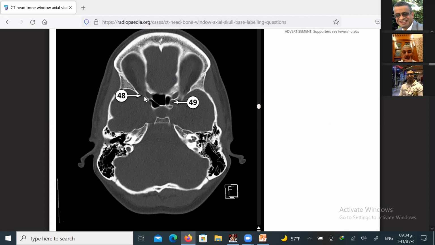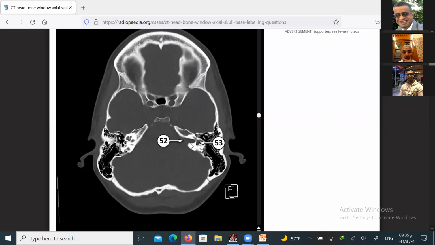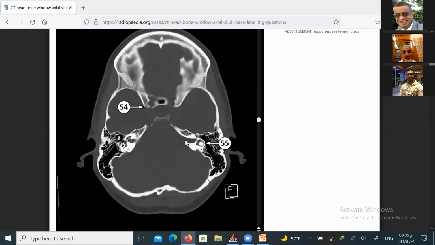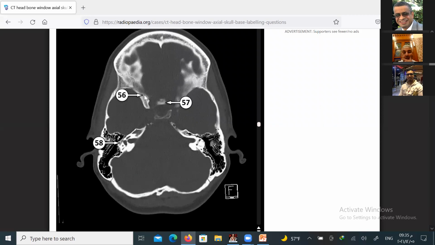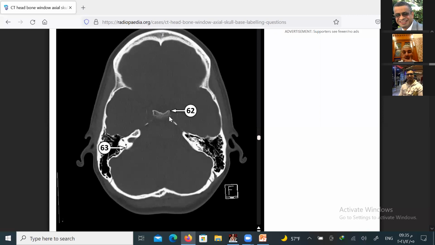This is the superior orbital fissure, and this is the optic canal. This is the internal auditory canal, and this is the anterior clinoid process that arises from the lesser wing of sphenoid. This is the tuberculum sellae, and this is the internal auditory canal, as I mentioned before, and this is the dorsum sellae from which we can see the posterior clinoid process.